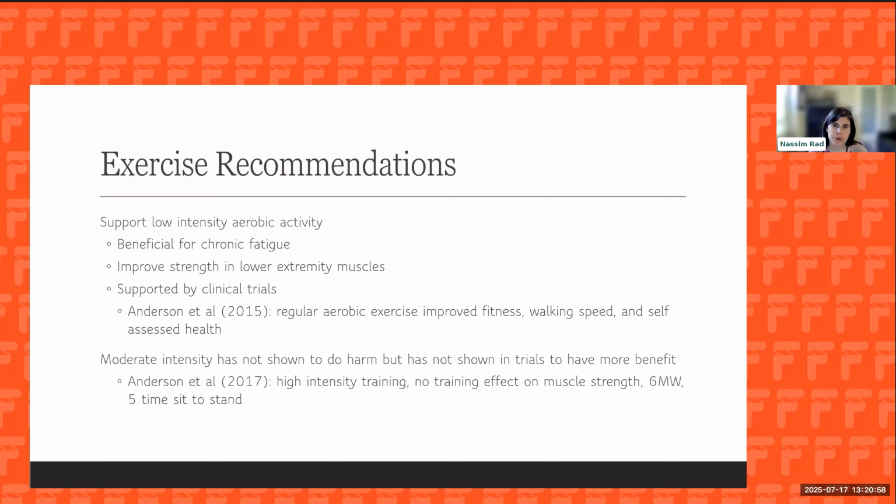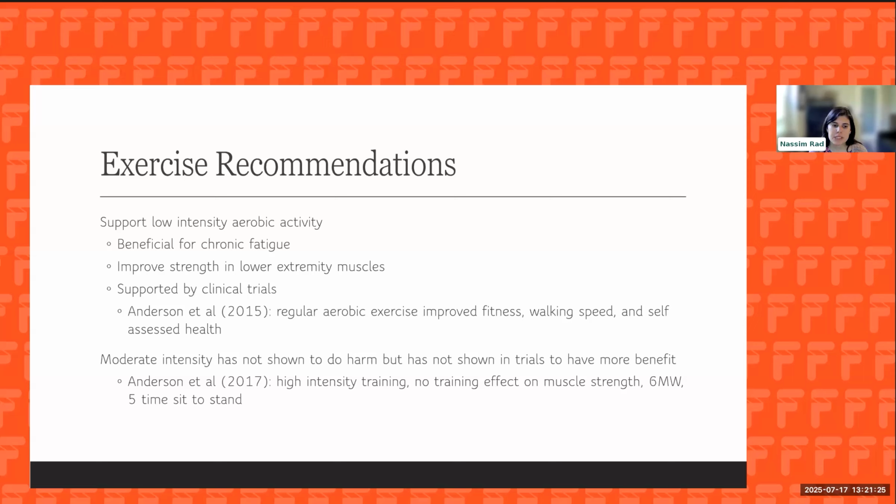What we want to avoid, though, is breaking down muscle because we don't know how well you'll rebuild that muscle. So we want to avoid activities that are causing muscles to be fatigued for more than 24 hours. Because, yes, there is a chance that you can rebuild those muscles, but there's also a chance that you may not be. And fatigue for more than 24 hours is really a sign that we're in that muscle breakdown zone.